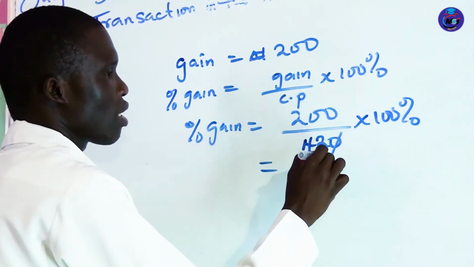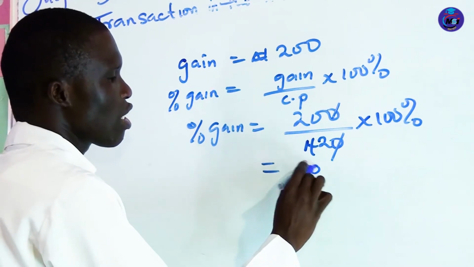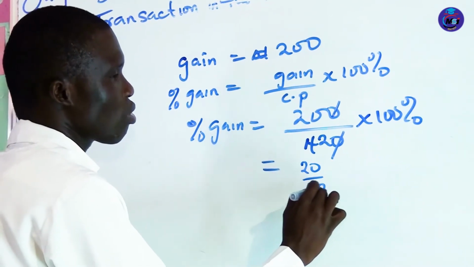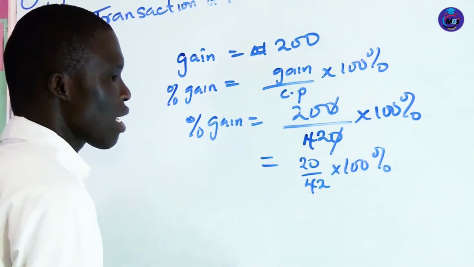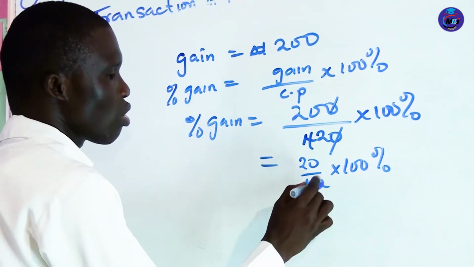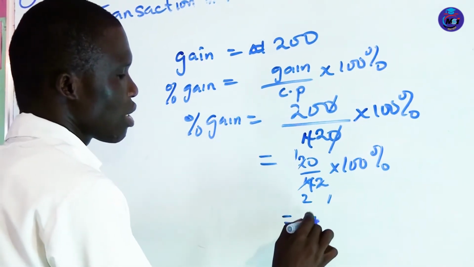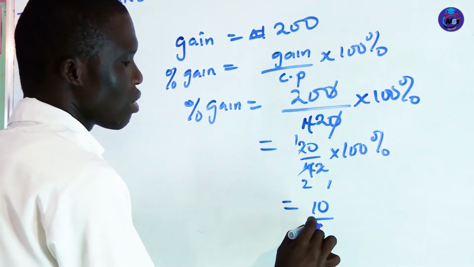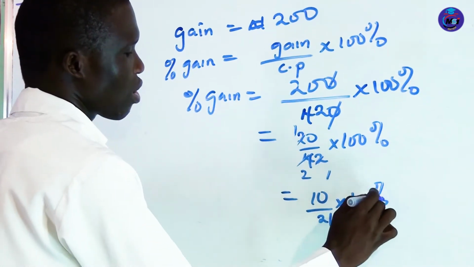This, we cancel this. We are left with 20 all over 42 times 100%. Okay, 2 here, 1; 2 here, 1. It gives us 10 all over 21 times 100%.